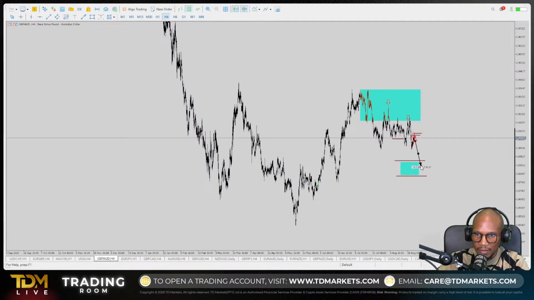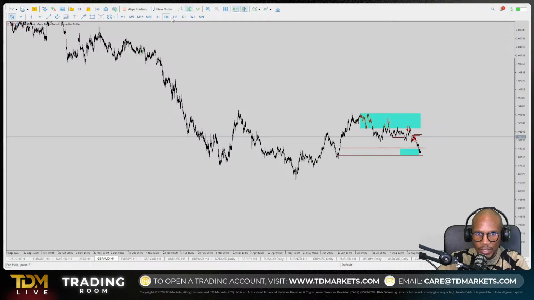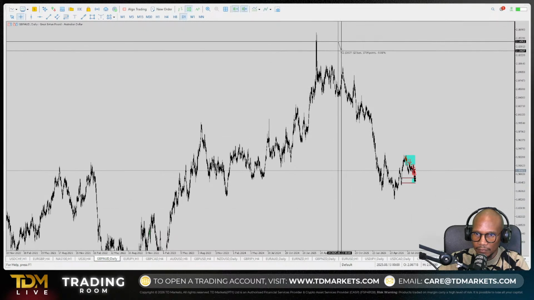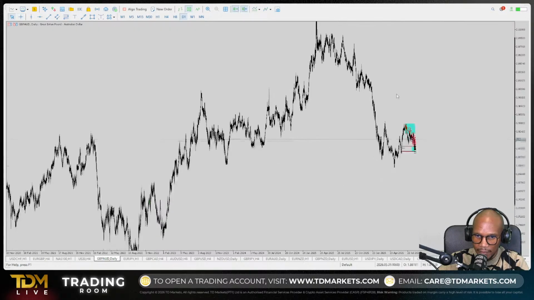But first, we need to break this area. Yeah, we need to break this area first, and then we'll take it one piece at a time. All right. Just following this direction.